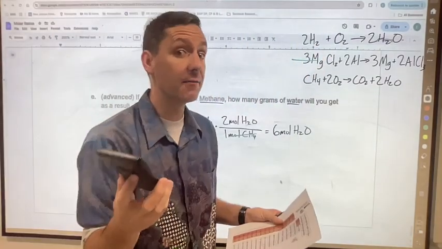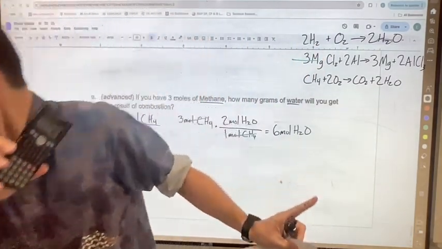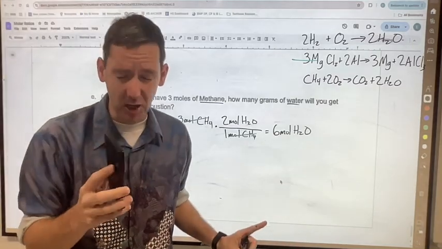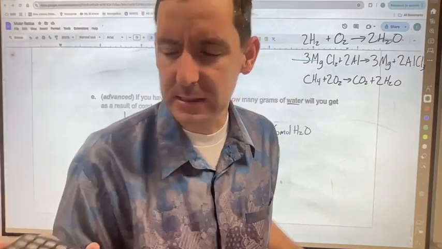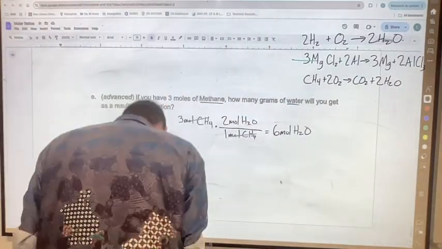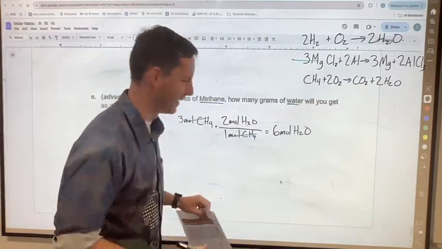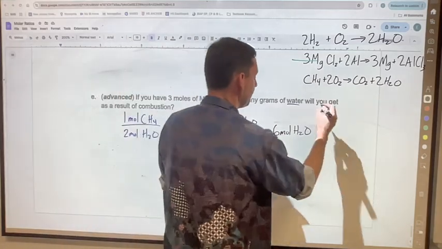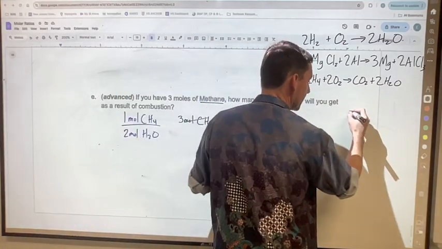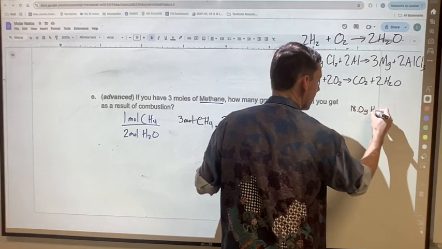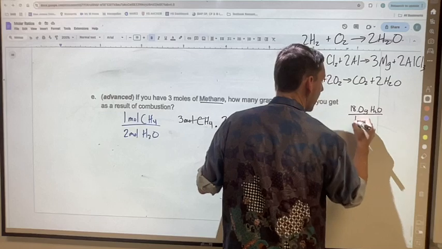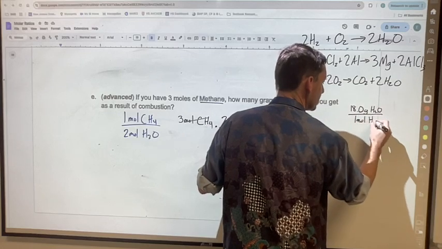Your calculator may have more digits. Okay, so there we go. So 18.0. That was it. Now I'm done. So the molar mass of water is 18.0 grams of H2O for 1 mole of H2O.